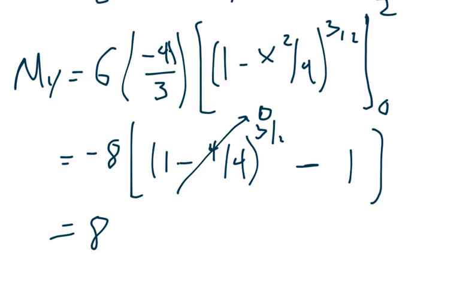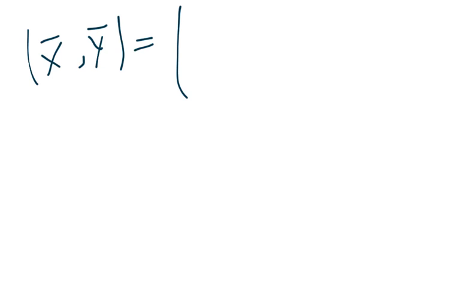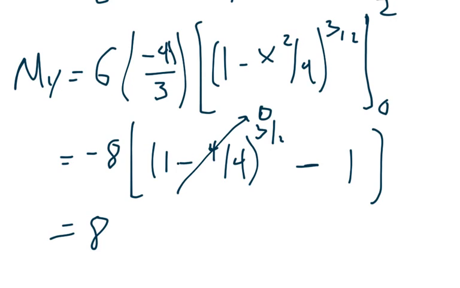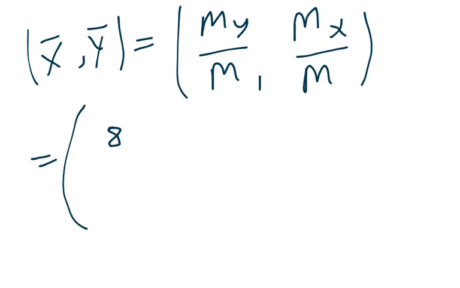So that's my. Good. Now, that's my without the rho term, right? So really what we find, if we're not given rho, we're just given area, well, we already said that y bar was 0, so x bar is equal to my over m. My, we call this 8, and say m is 3 pi, because really you would have a rho in here, right?